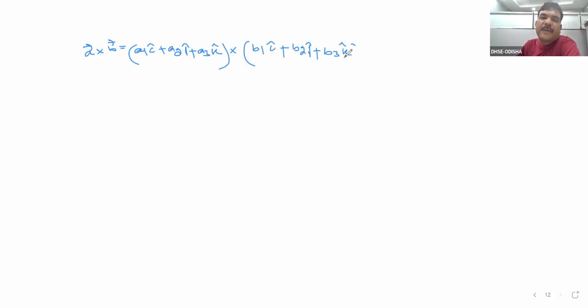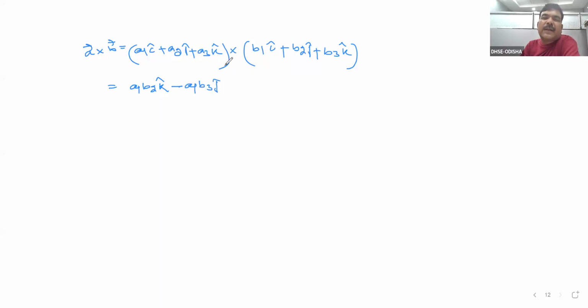Right? So this is equal to A1 I cap into B1 I cap, that will be 0. A1 B2, I cross J will be K, A1 B2 K cap. Then A1 B3, I cross K is equal to minus J, minus A1 B3 J cap.